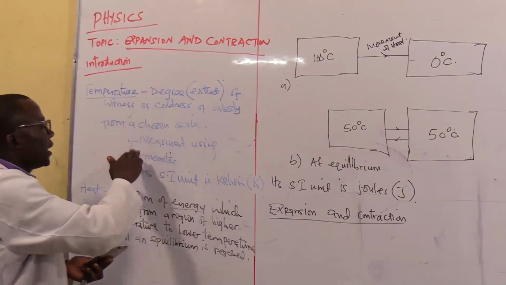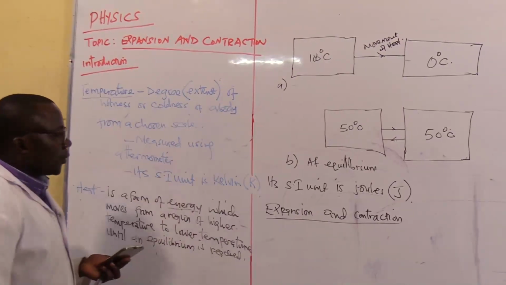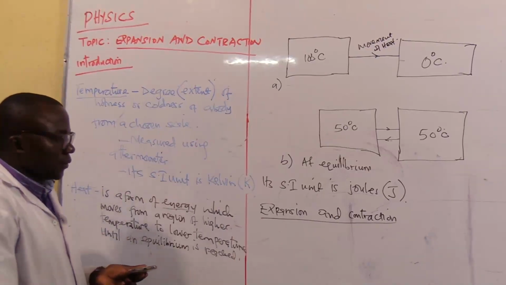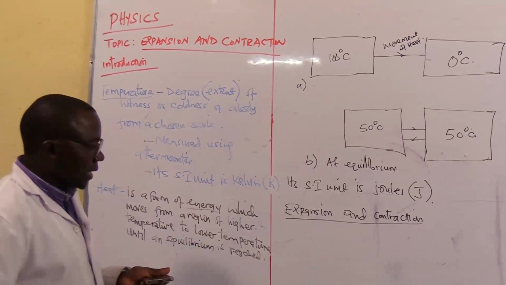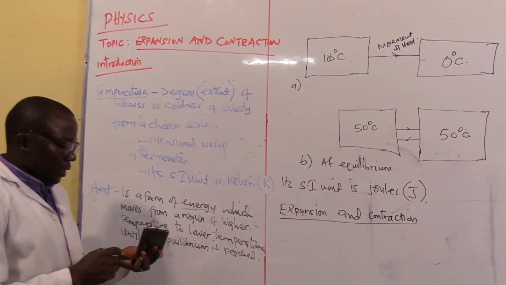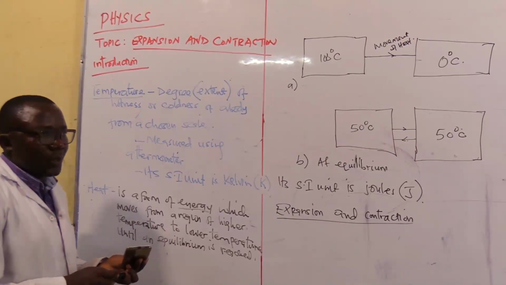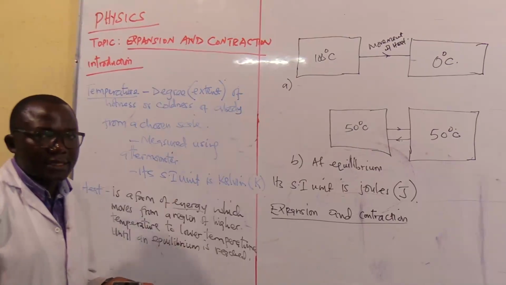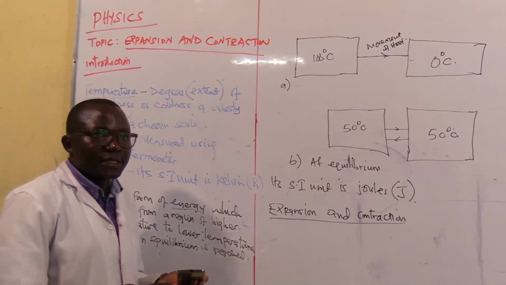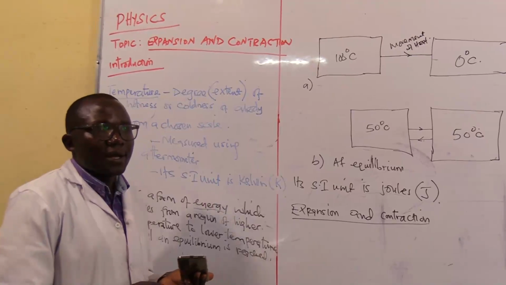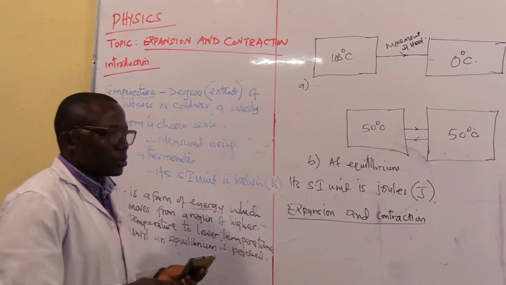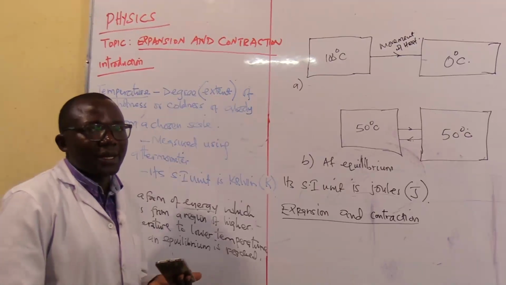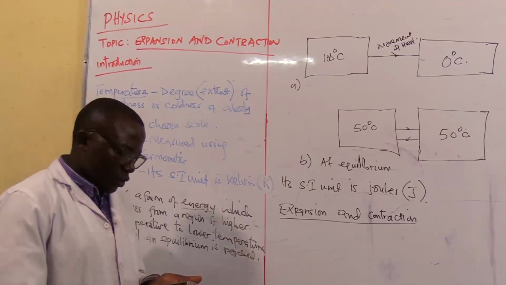We will have temperature, we will have the thermometer, we will have units like Kelvin, etc. So when you talk of expansion, when you take a metal and you heat it, you will find that metal increasing in size and also in shape. That increase in size and shape is what we are calling expansion. That is what you need to know.